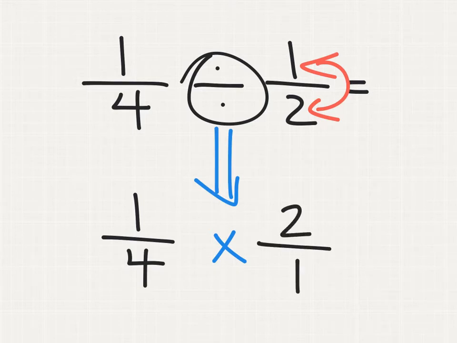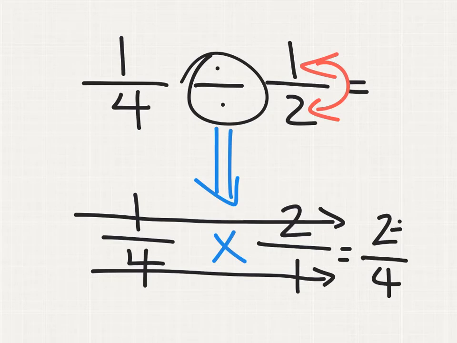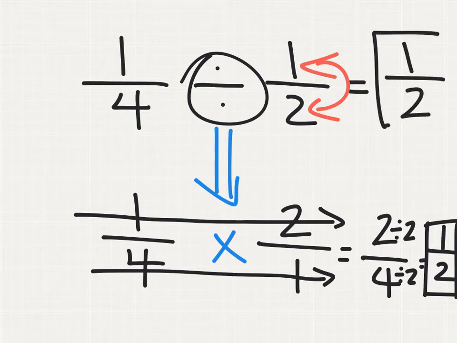And now we multiply straight across. 1 times 2 is 2. 4 times 1 is 4. I can simplify 2/4 by 2 to get a simplified or reduced fraction of 1/2. 1/4 divided by 1/2 is 1/2.